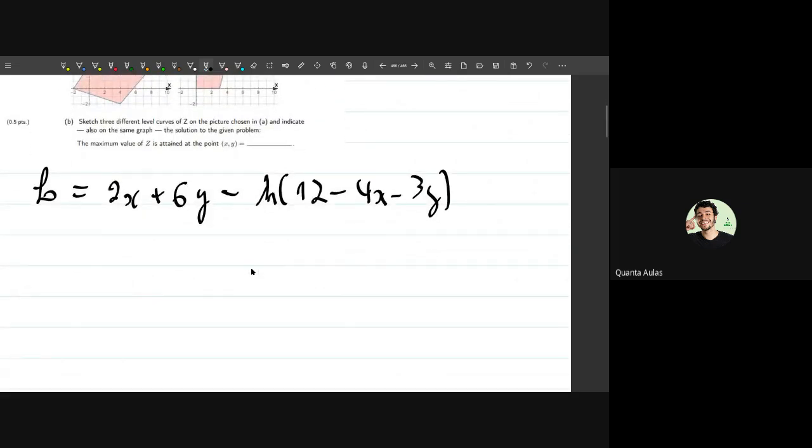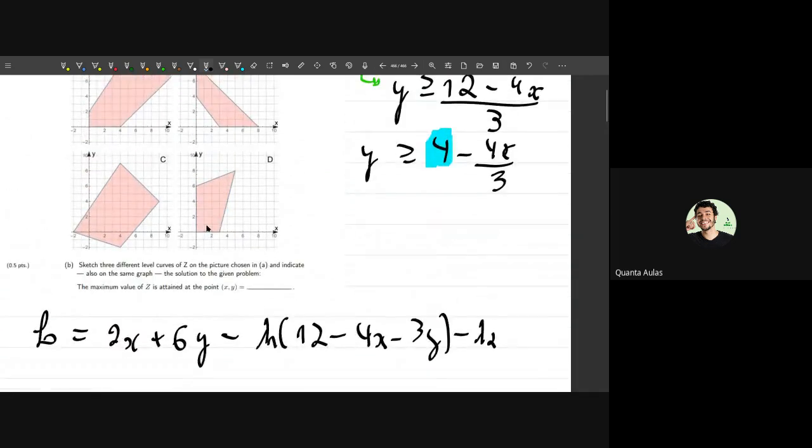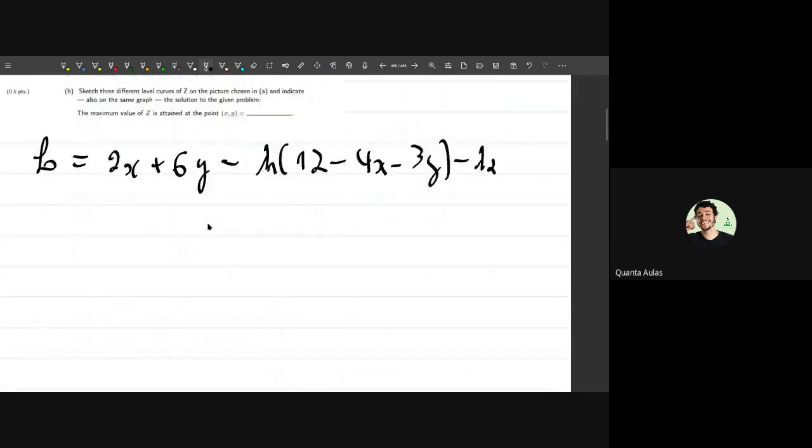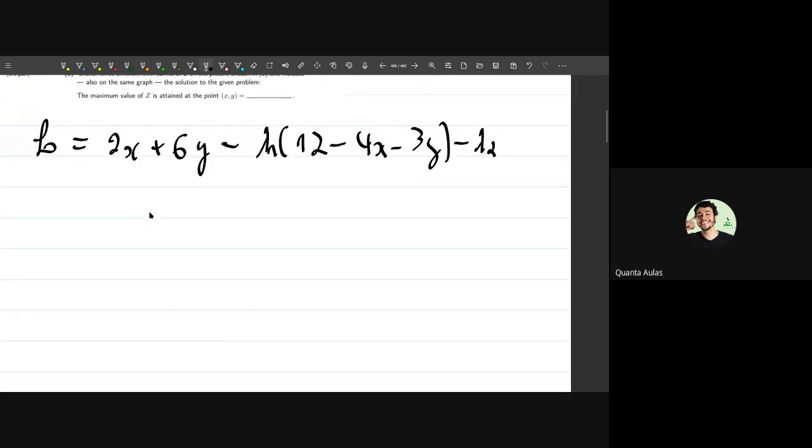I will name this Lagrangian 1. And we will have Lagrangian 2. Okay.